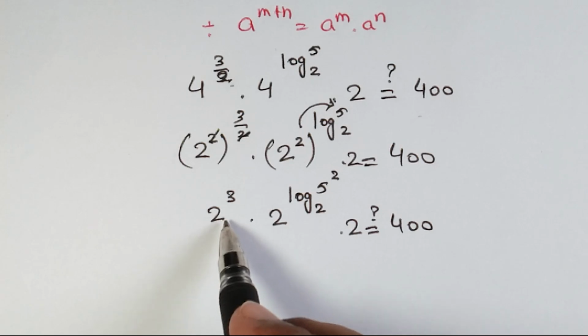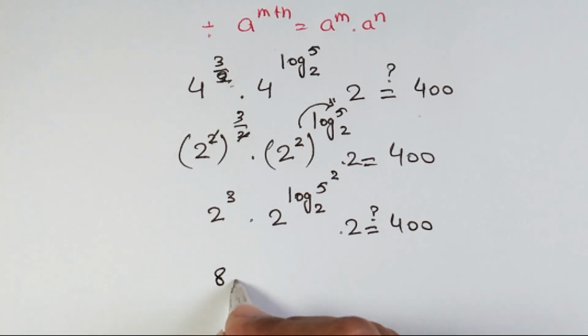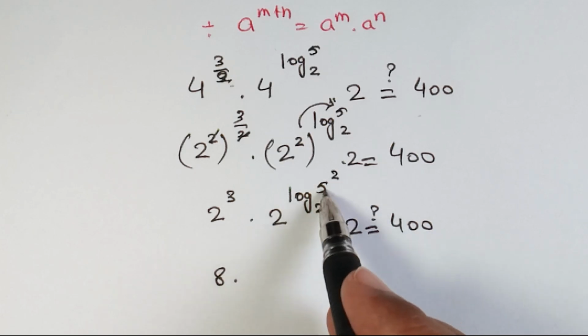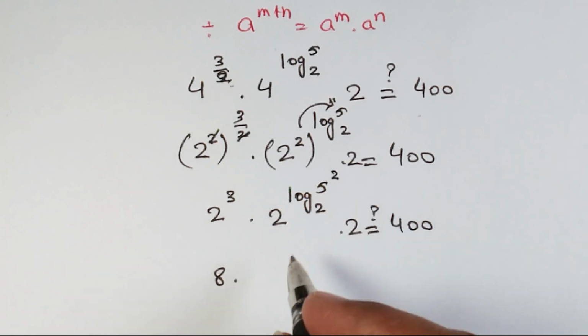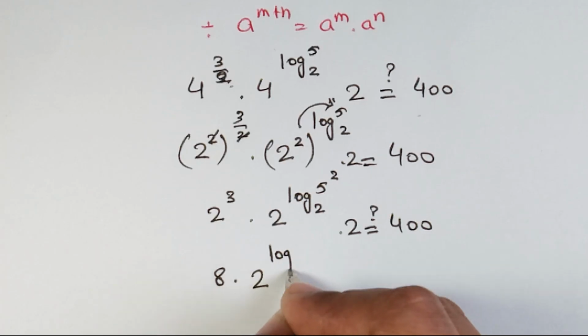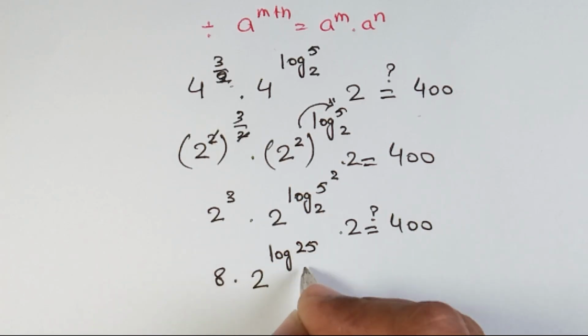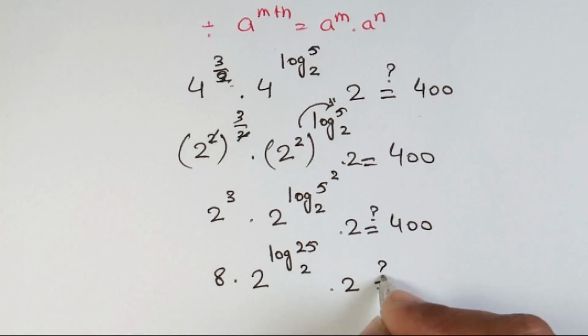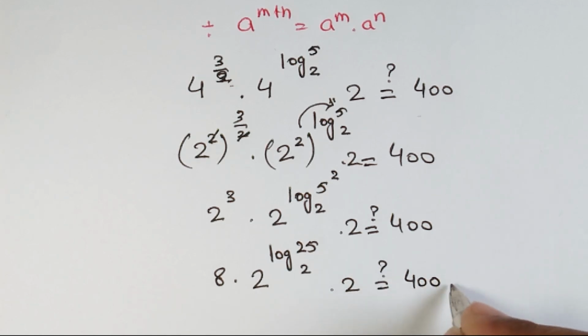So 2 power of 3 will become 8 into, and this square of 5 will become 2 power of log of 25 base 2 into 2 is equal to 400.